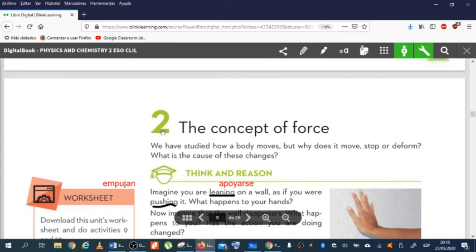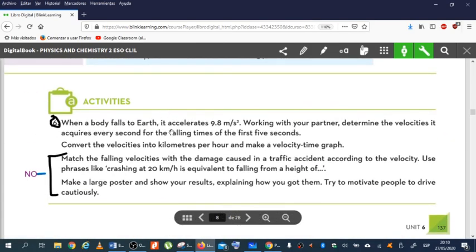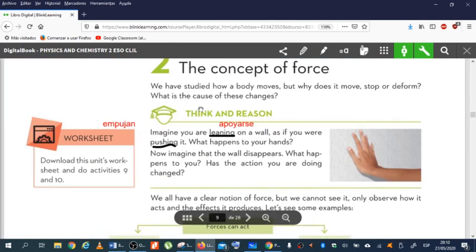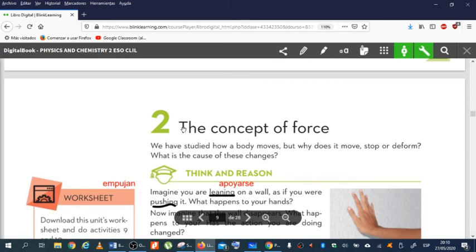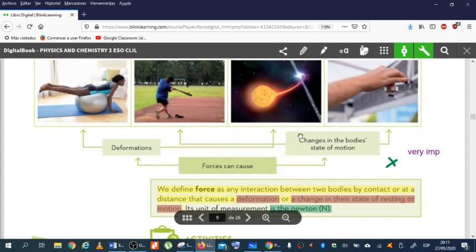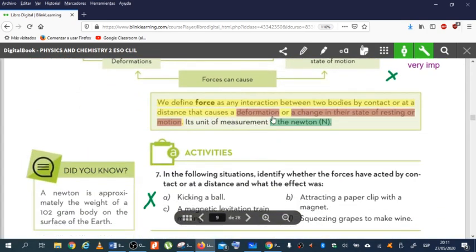Forces from here. The concept of force, because this before is kinematics, do you remember? So from here, you have to study all, you have to watch the videos and study the exercises we have done, the theory.